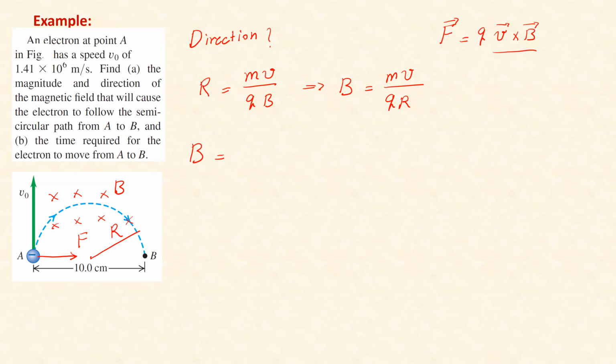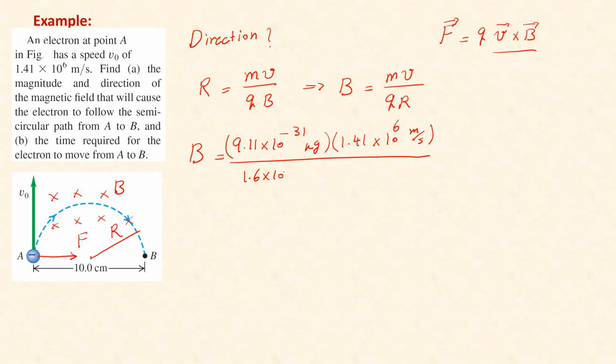So the magnitude of B is the mass of the electron, 9.11 times 10 to the negative 31 kilogram, times v, which is given as 1.41 times 10 to the 6 meters per second, divided by the charge of the electron, which is 1.6 times 10 to the negative 19 coulomb, times r, which is 5 centimeters, so 0.05 meter.